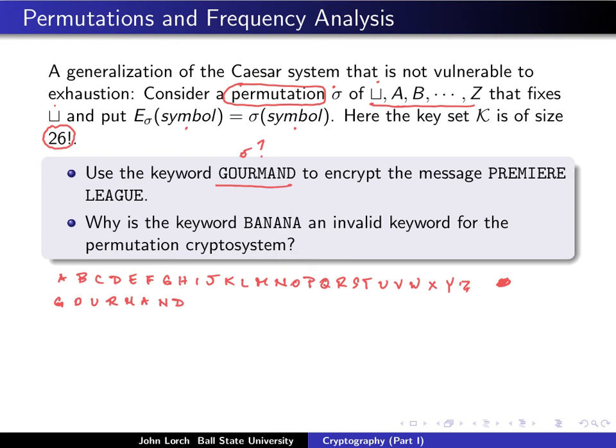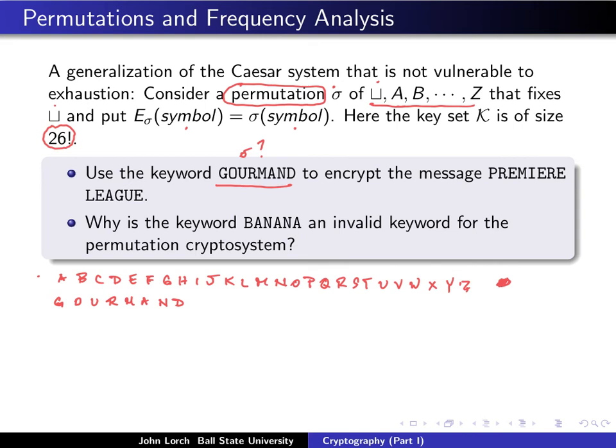Okay, so you can see that it's rather important that the word gourmand not have any repeated letters, because if there were repeated letters, then you would have two distinct letters in your original alphabet that are encrypted to the same letter in the ciphertext.